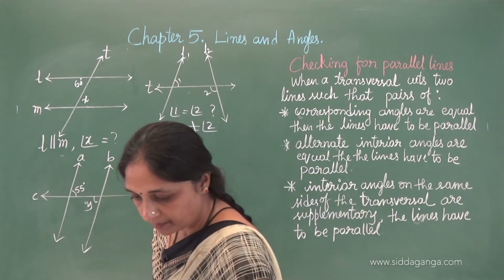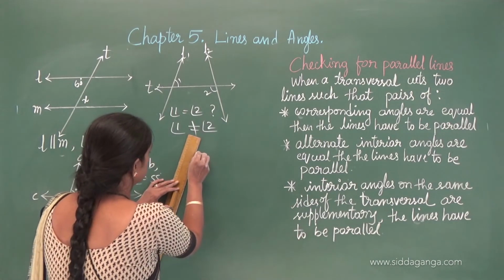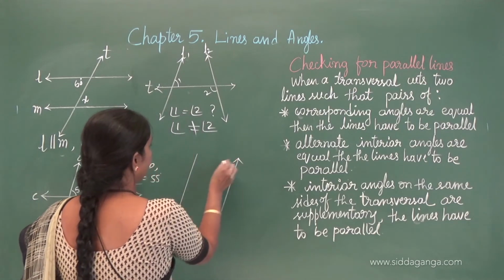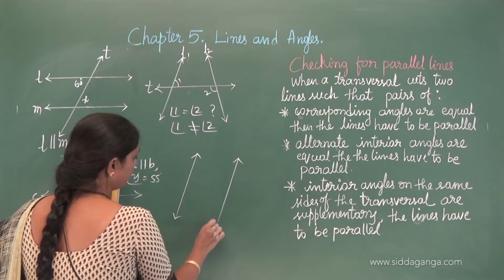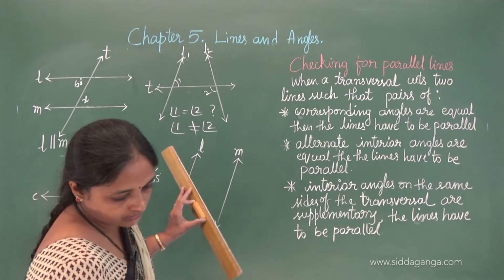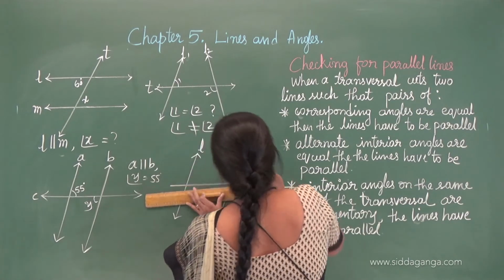I write here. They have given two lines, line L and line M. This is L, this is M. And there is a transversal T, it cuts these two lines.